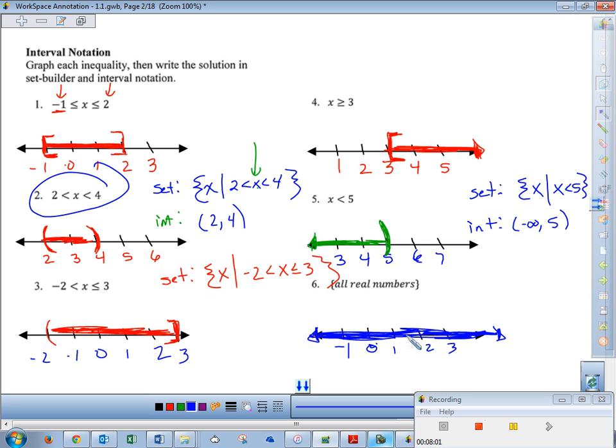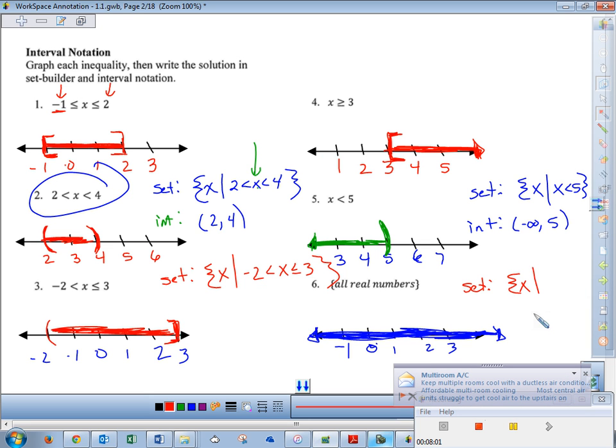Let's see how good we are at remembering how to write that in set notation, though. Set of all x such that. That always starts with it. Then, aren't they all the real numbers? So x is an element of, that kind of looks like an E. Let me draw that again for you.